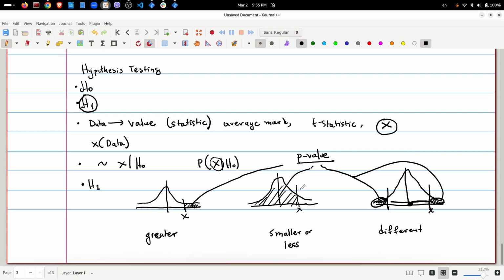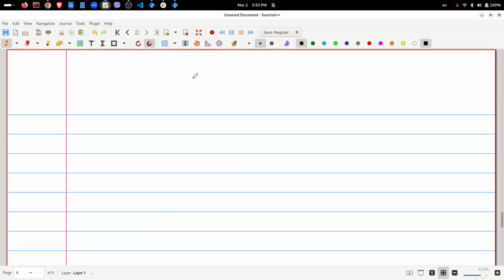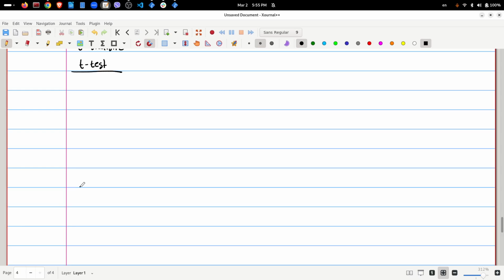Okay, so today we will apply this concept of p-value on what is called the t-statistic and the t-test. So again, let's bring a biological setup here.